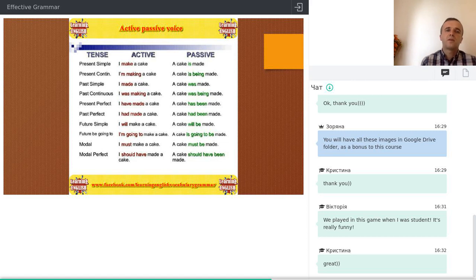Also passive voice. How do we teach passive voice? As for me, I take such templates. I close the right side of the passive voice, and first I ask them, could you please make up the passive out of the active?